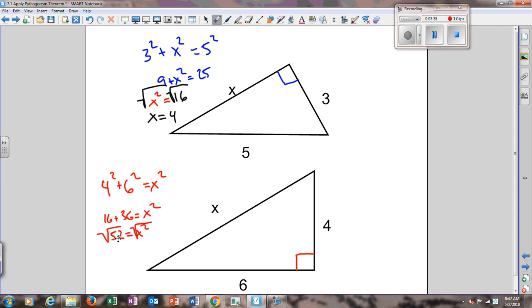You're just going to put the square root of 52 in your calculator. Get 7.2. It's pretty easy.